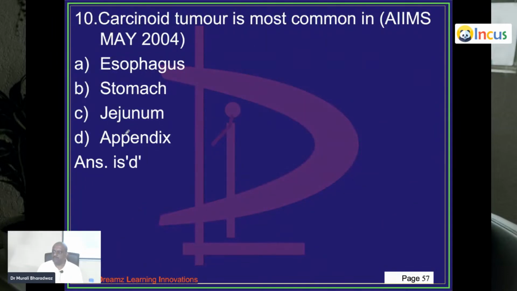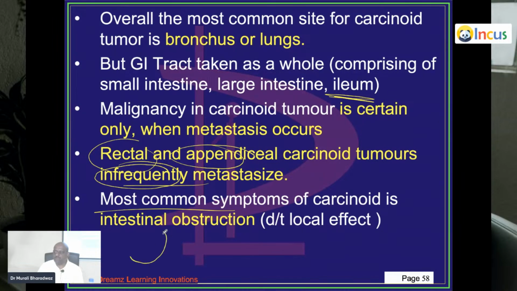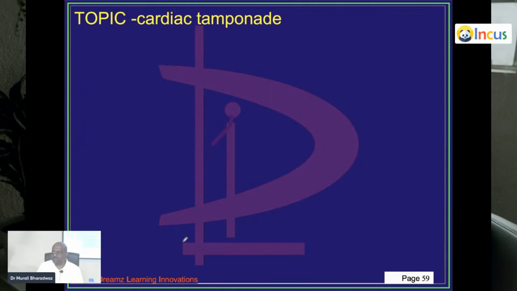Carcinoid tumor is most common in the appendix. Generally rectal and appendiceal carcinoids infrequently metastasize. Ileal carcinoid metastasizes very often. And the most common symptom of carcinoid is intestinal obstruction.